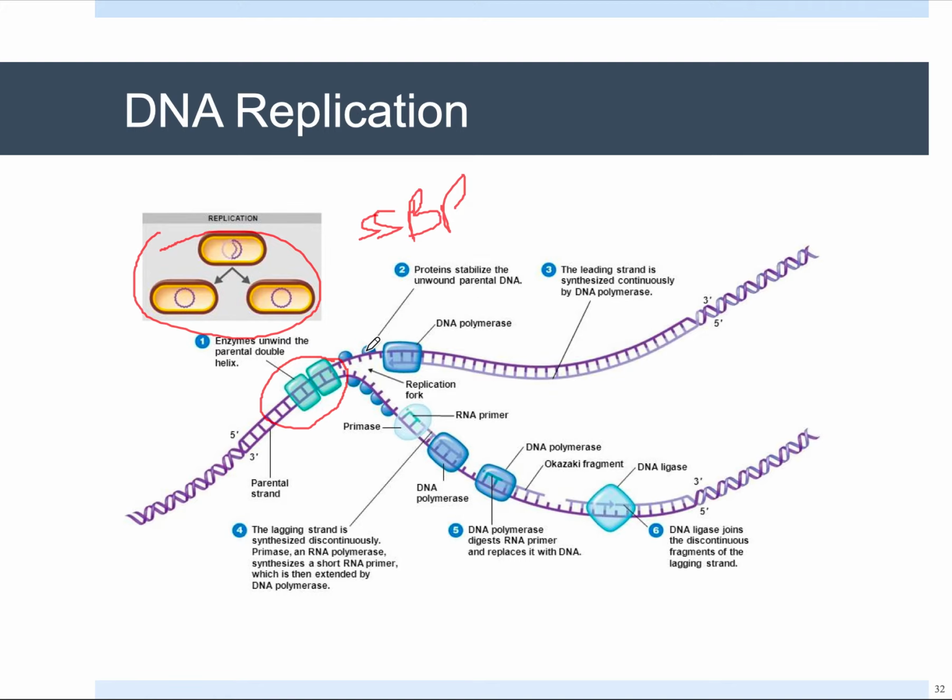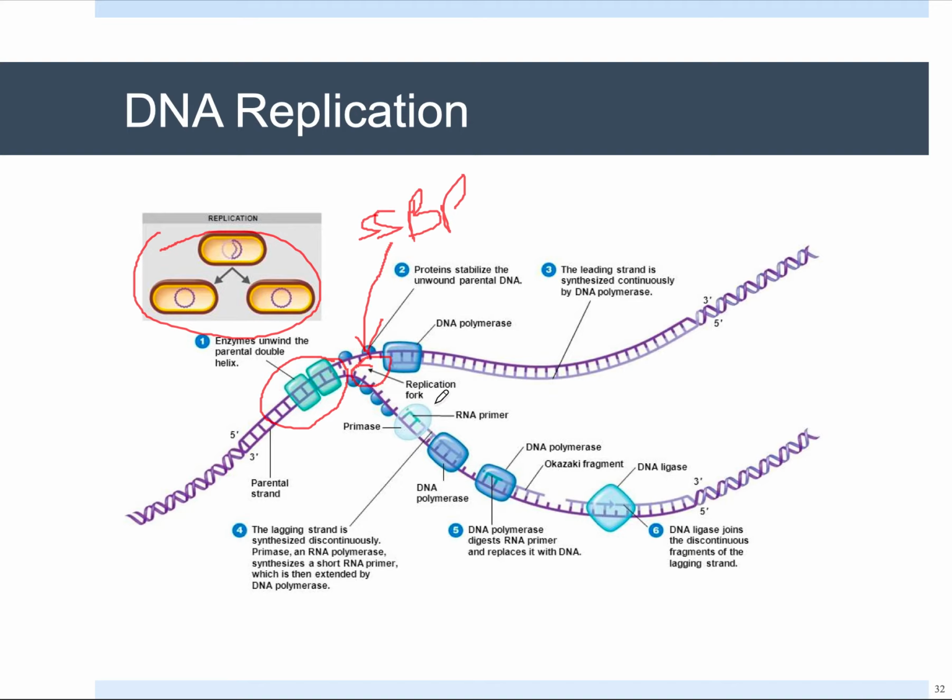These are the single strand binding proteins, and they will hold the strand apart so that it doesn't stick together again. This is the replication fork, and that is the direction in which the DNA is being opened up, unwound.